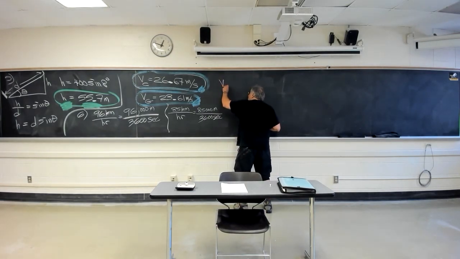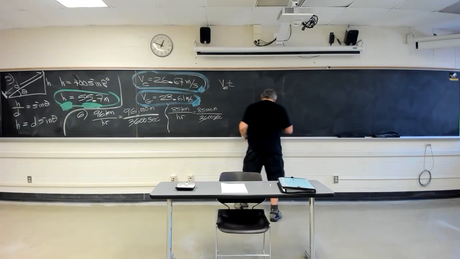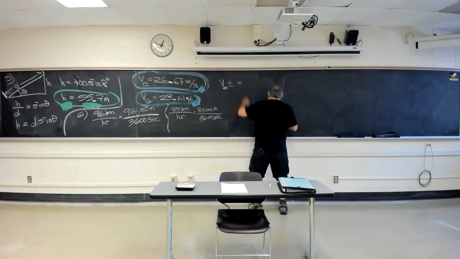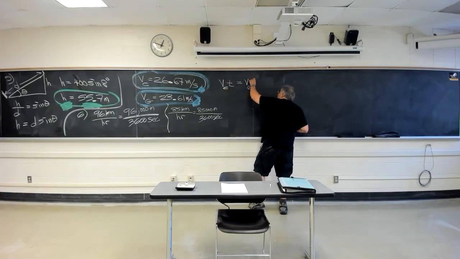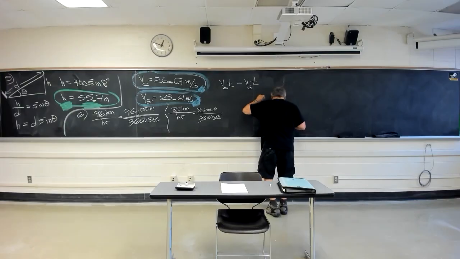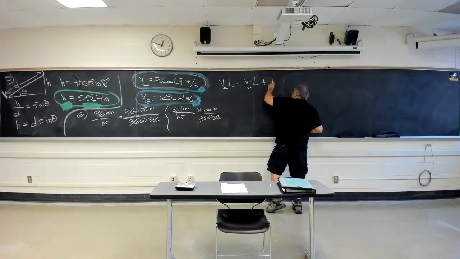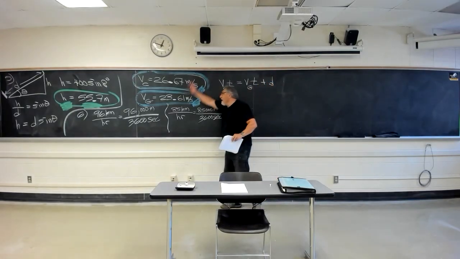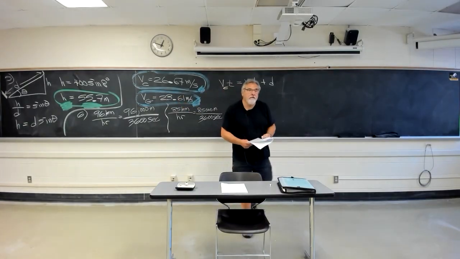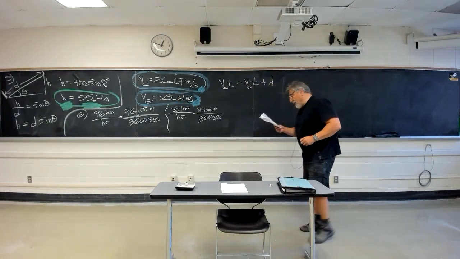The cheetah is going to cover v sub c times t distance, and the gazelle is going to cover v sub g times t, but the gazelle's got to have a head start. If not, the gazelle loses the race. And it's a tough race to lose, obviously.